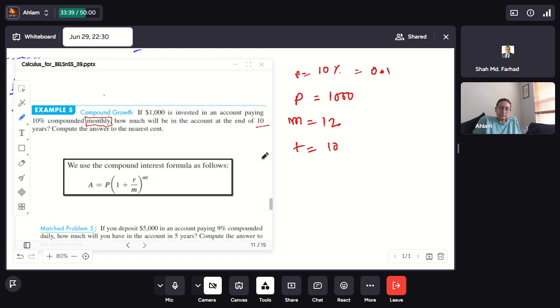If we put these values in the formula, we will get the result.